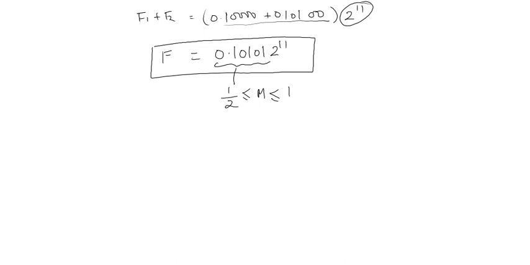If you find the decimal equivalent of this Mantissa, we know that it is definitely between 1 by 2 and 1 by 8. Because to 1 by 2 you are adding something, so definitely it will be in this particular range. So we have to ensure this. Let's say that you don't have the Mantissa in this range.